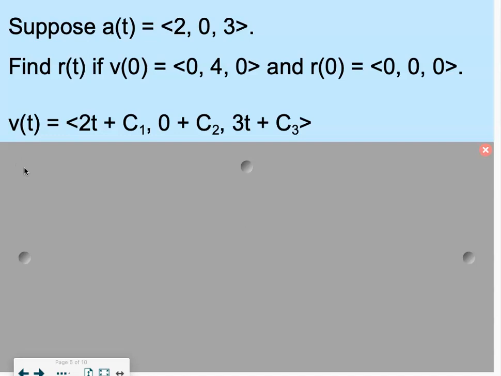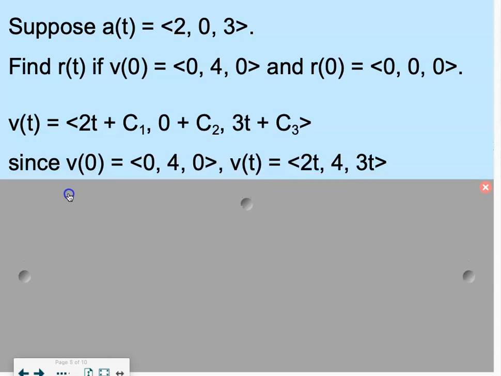I went ahead and embedded my constants in. So my antiderivative of 2 is 2t plus c sub 1, then 0 plus c sub 2, and then 3t plus c sub 3. Since v of 0 is 0, 4, 0, you're plugging in a 0 for all of your t's, so your constants end up being 0, 4, 0. So your final v of t vector is 2t, 4, 3t.